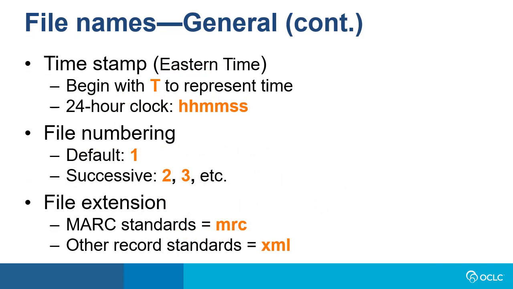Next, you find the timestamp of when the system collected the records, which is represented in Eastern Time and follows a 24-hour clock to include the hour, minutes, and seconds.